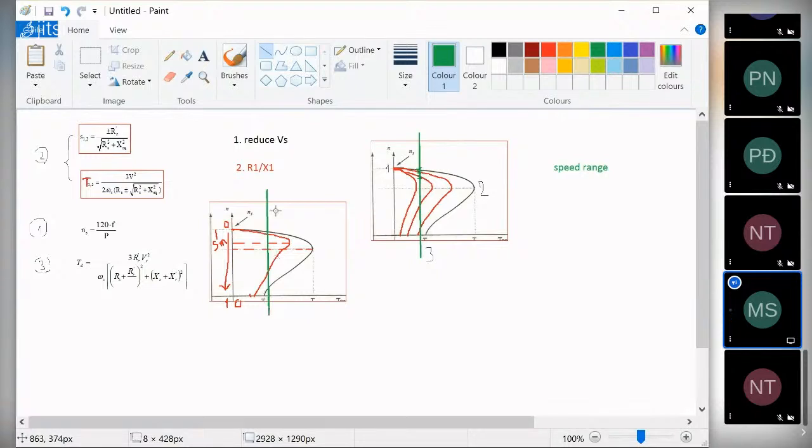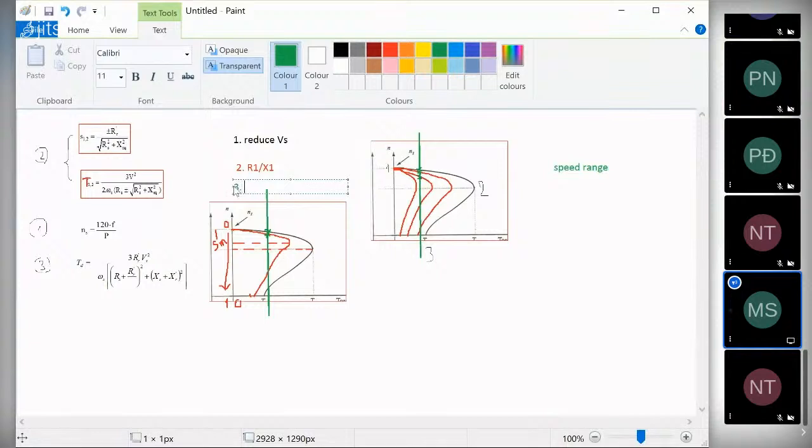You can look at this figure. Reduce, very good. This is the first stable operating point. This is the second stable operating point. However, the speed range is very small too. So this is an insufficient method. Do you agree with me? Okay. We move to the third method.